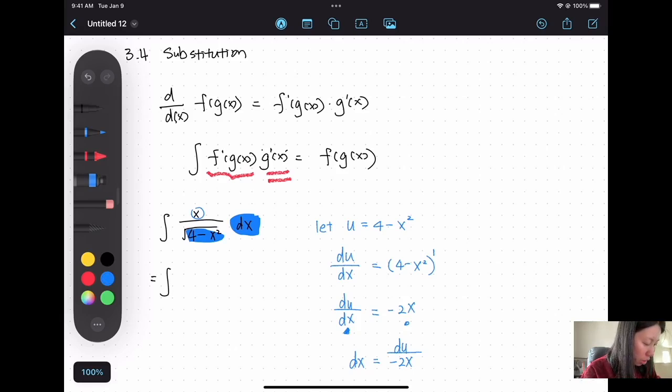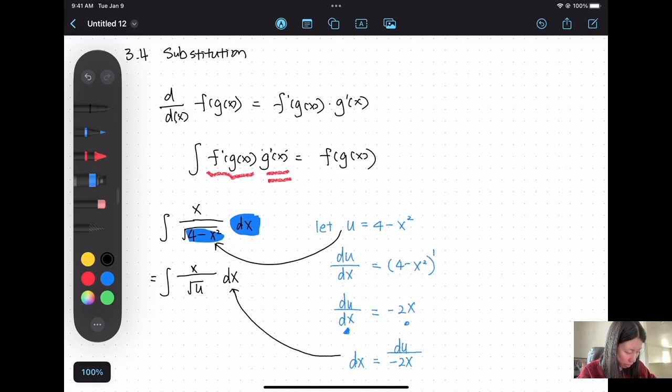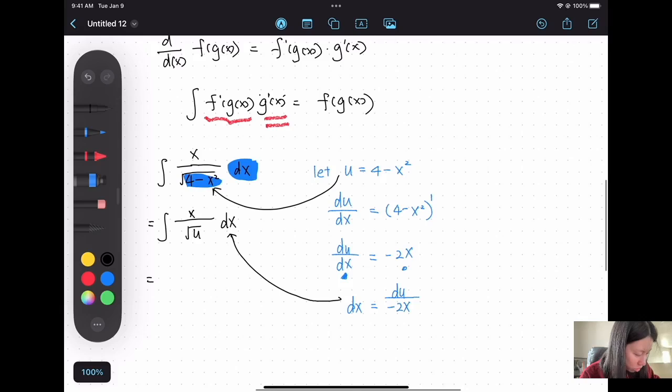So the first part, the highlighted denominator, is equal to square root of u and then x. And then I have a dx, because I substitute u equals 4 minus x squared. And for dx, we found that in here, dx is equal to du over negative 2x. So we substitute that part.